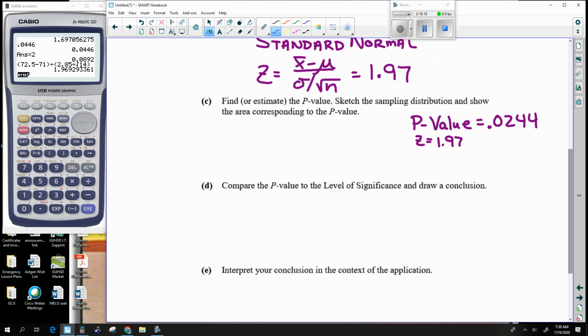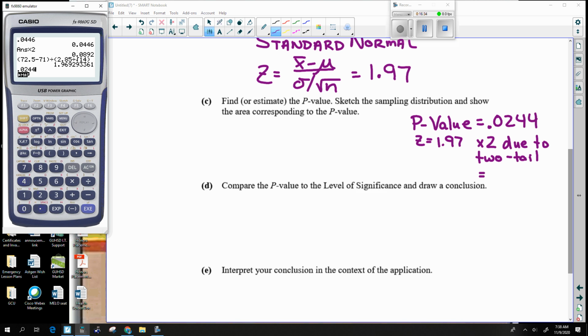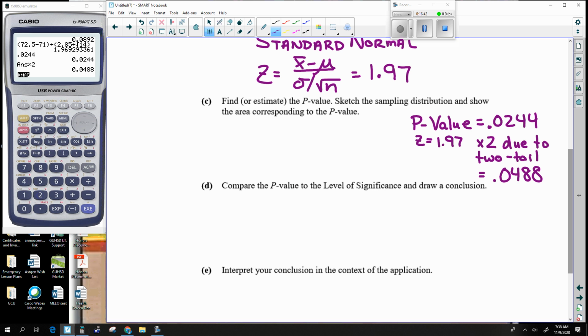Now, because this is a z with a two-tail, this is times 2. So times 2, because this is a two-tail, gives 0.0488.